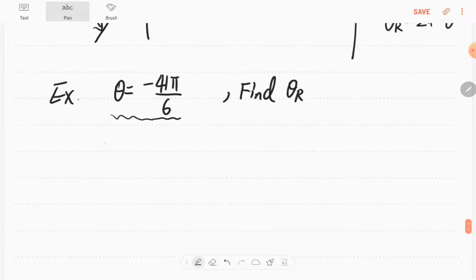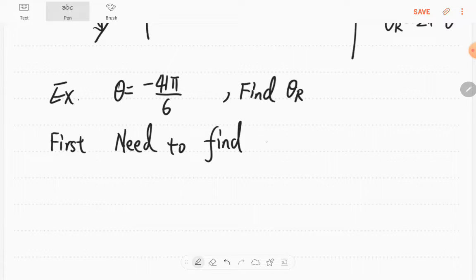So you notice that our theta equals negative 41 pi over 6. It can be written as what? We just need to find the coterminal angle, sorry. So the first step is we need to find the coterminal angles.